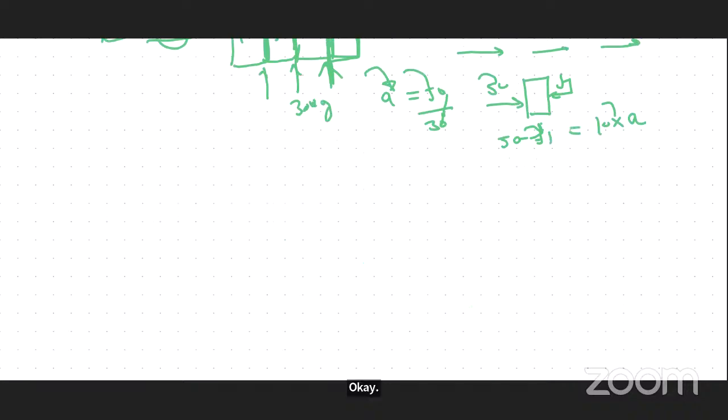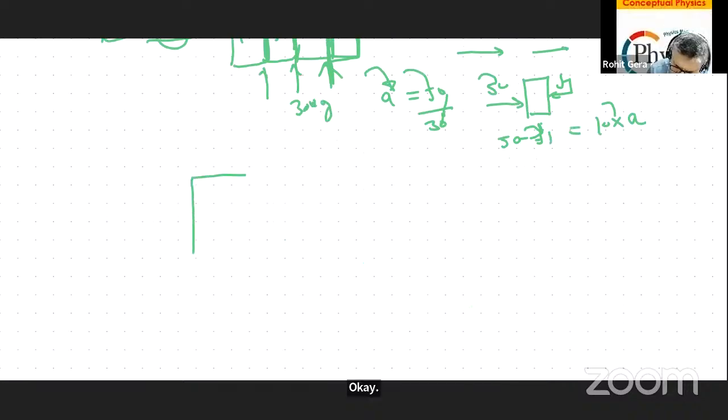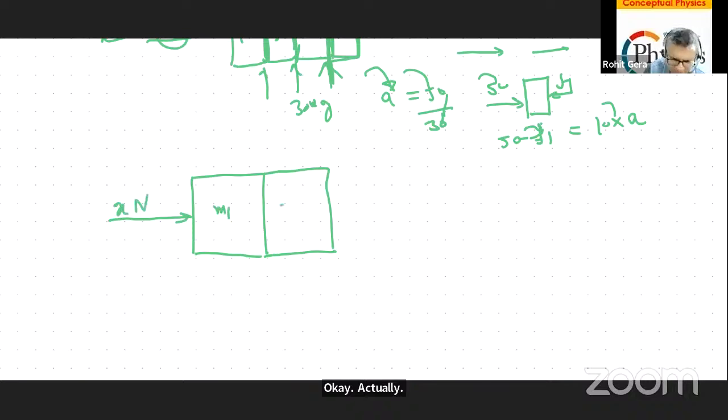So if you have two blocks, you apply a force X Newton here. This is M1 and M2. Wherever they are touching each other, there will be a generation of an action and reaction force. Because they're touching, you're pushing, right? So M1 will push on M2.